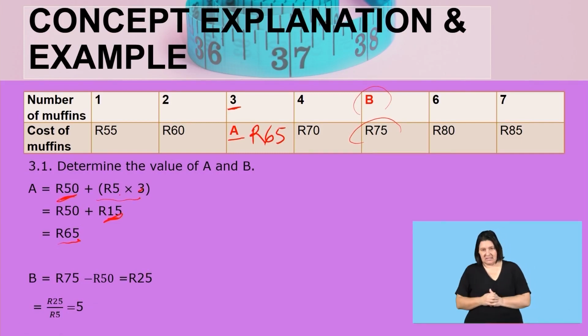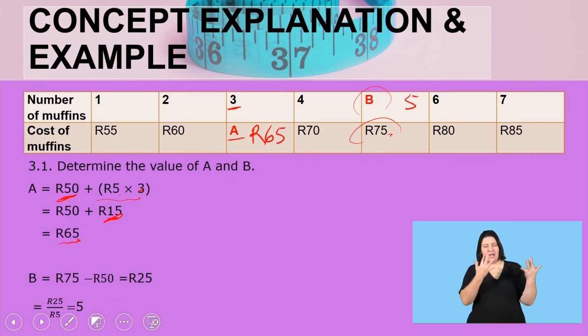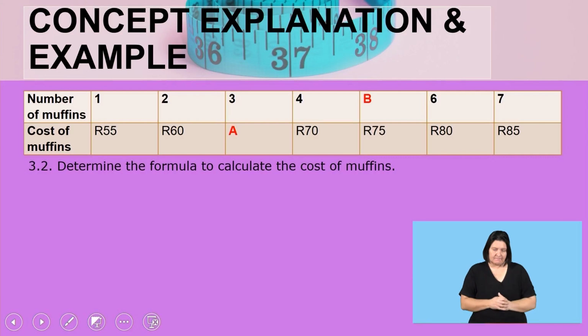Alternatively, because there's logic in this, it's 70 and 75 rand. You can also say that because only 5 rand was added, therefore 1 muffin was added, therefore this is going to be 5. This can also be done, but you must be able to do your calculations. Now let us continue with the next question.